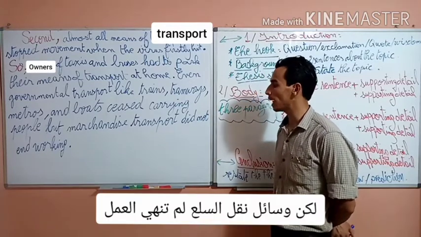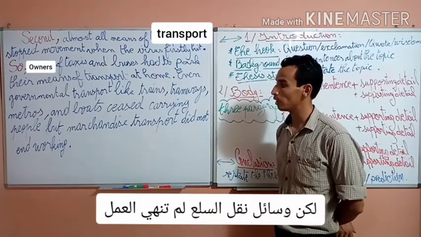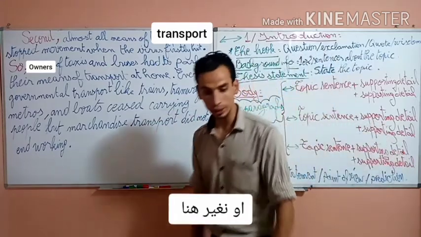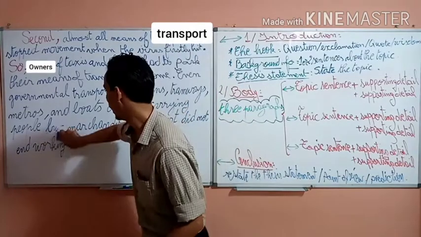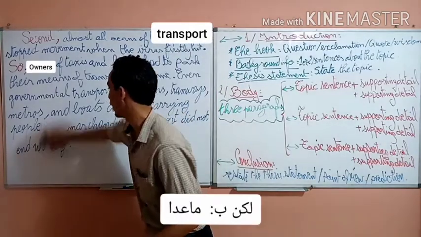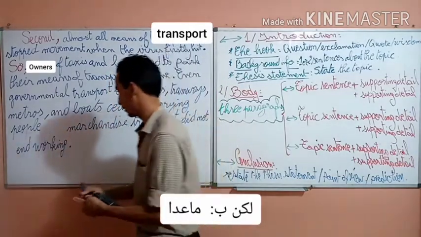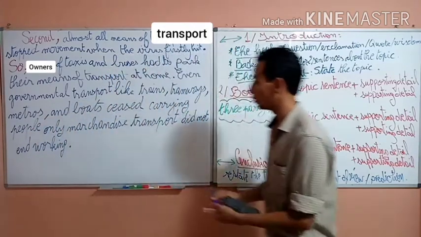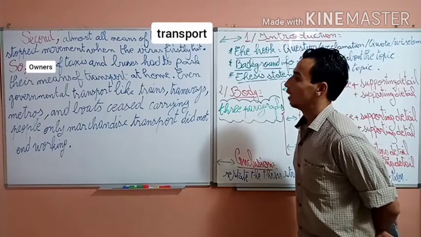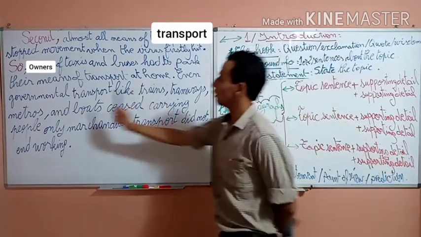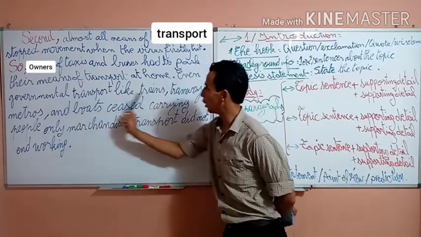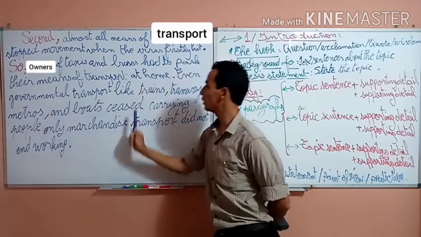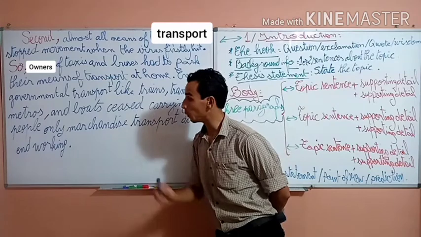But merchandise transport did not end working. Here we change, but only to have coherent meaning. We say, even governmental transport like trains, tramways, metros, and boats ceased carrying people.